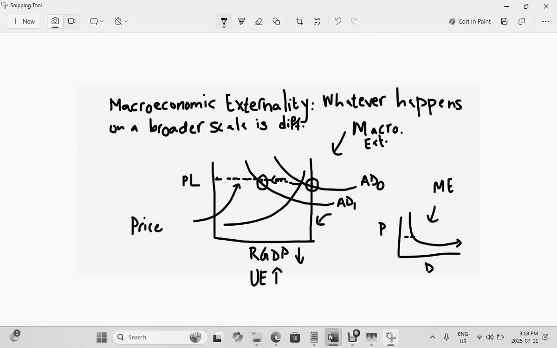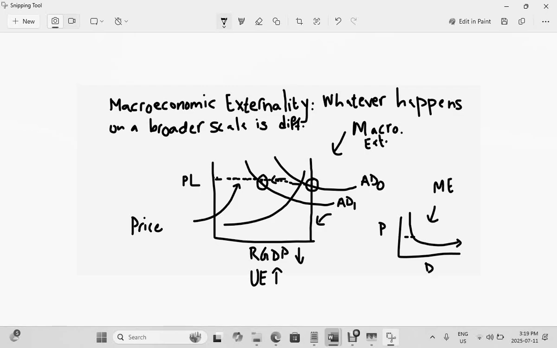So if the firm is experiencing a recession and demand goes down, it will reduce its output and production, but the price level or the wages stay the same.